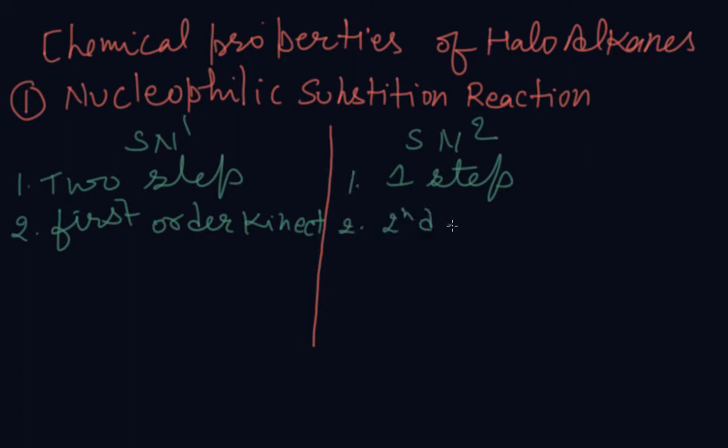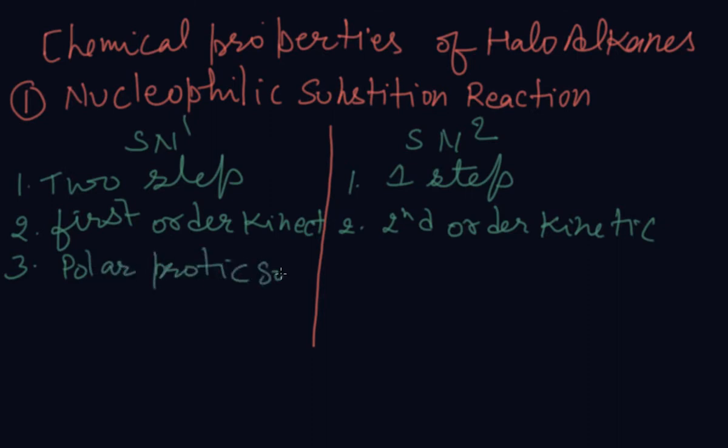Number 3, SN1 takes place in the presence of polar protic solvent, and SN2 takes place in polar aprotic solvent. Aprotic solvents are those which do not give the proton. Later on I will discuss this also.